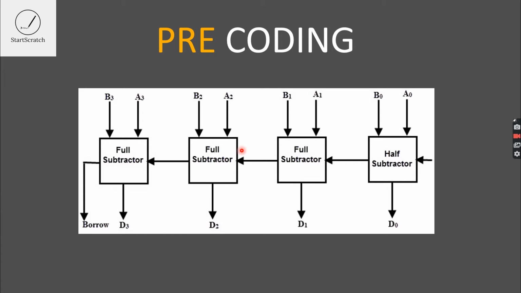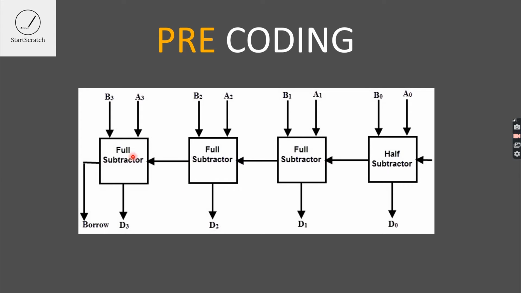Coming to the circuit diagram of the ripple subtractor, you will be having 3 full subtractors and a half subtractor, and you will be giving 3 inputs to each subtractor and getting 2 outputs for each. For the first half subtractor, one of the outputs will be driven as an input to the second full subtractor, and one of its outputs will be driven as an input to the third full subtractor, and it continues like this.